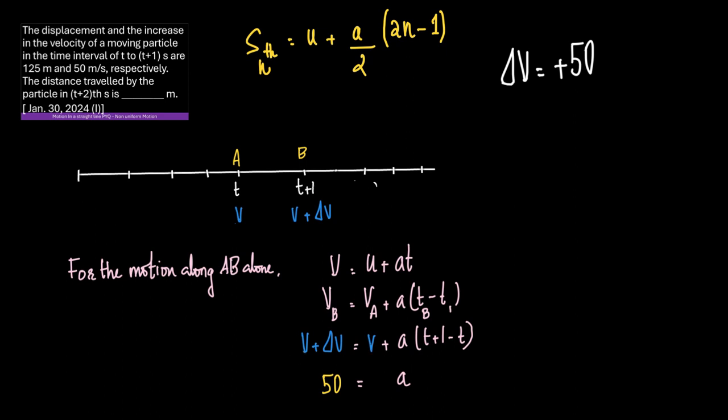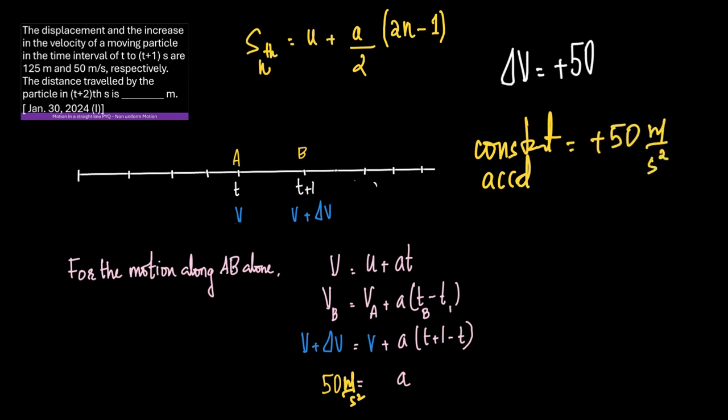So we get 50 is equal to a. Why is there 50 here? Because delta v is given to us as plus 50. So acceleration here is equal to 50 meter per second square, which means we are definitely under the assumption that the complete motion is under constant acceleration, the magnitude of which is equal to 50 meter per second square.